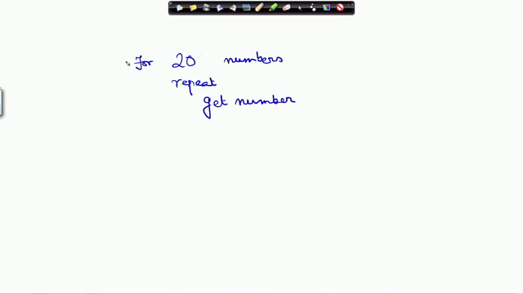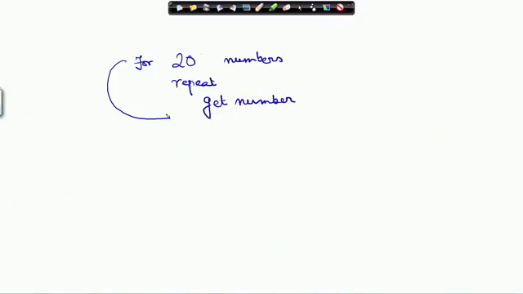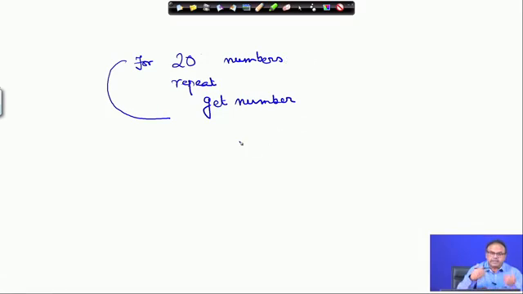So, for 20 numbers I will be getting the numbers. So, I do not need to write down 1 get first number, 2 get second number, 3 get third number, not like that. I can straightway with one instruction express myself, but whether this will be understood by the machine or not is a different question.